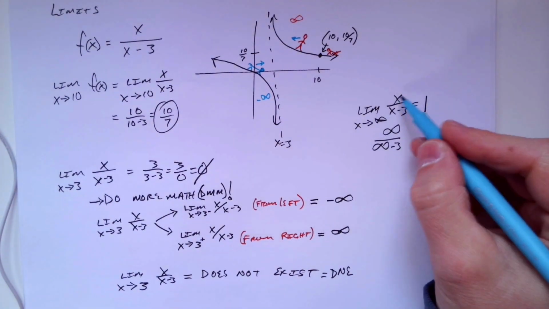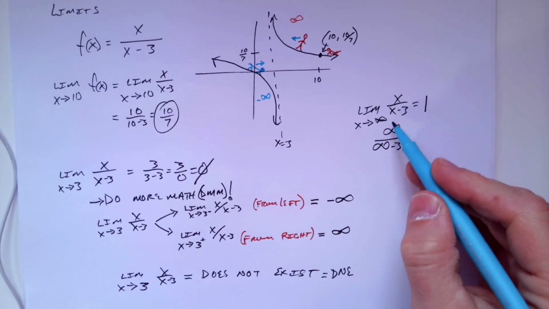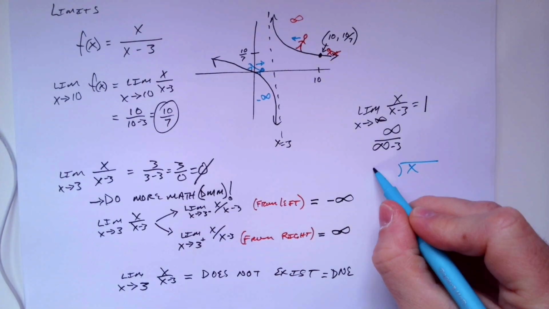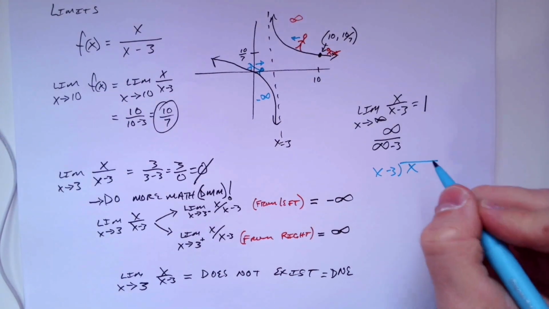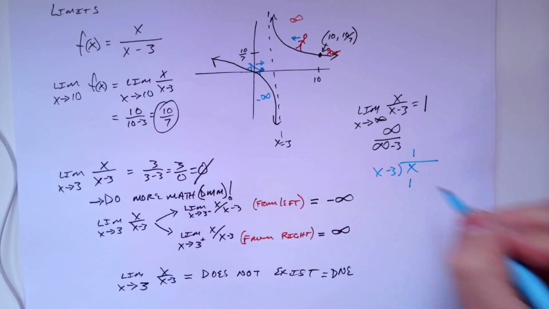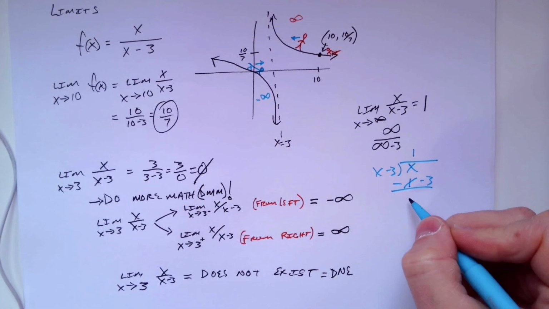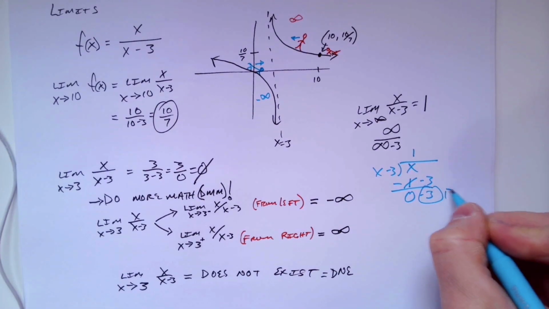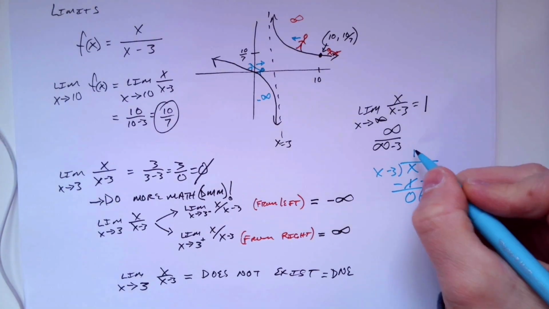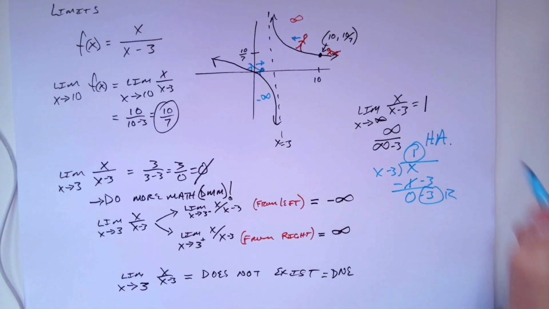The original problem here, when we looked at this, we have x divided by x minus 3. So we do the long division on this, and we get 1 times x gives us x. Subtract that off, and you have the minus 3, of course. You do that subtraction, and you get 0, and then minus 3. Here's your remainder, right? Which means that this is your horizontal asymptote.